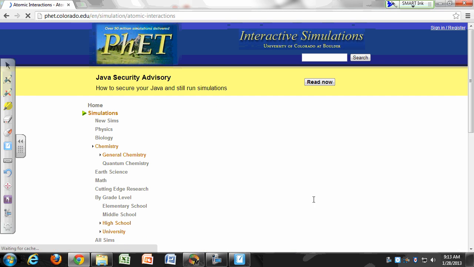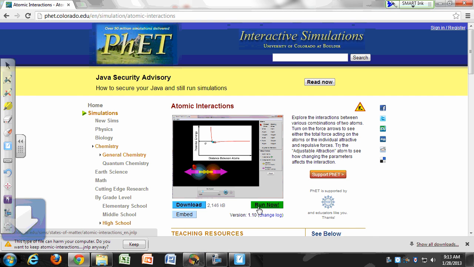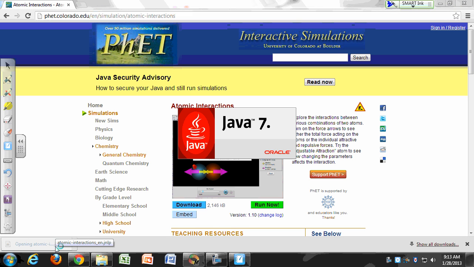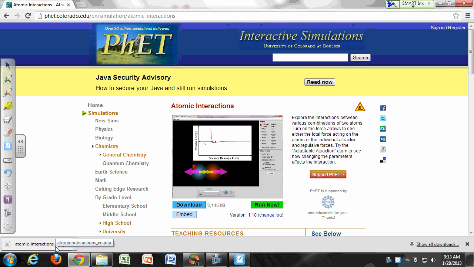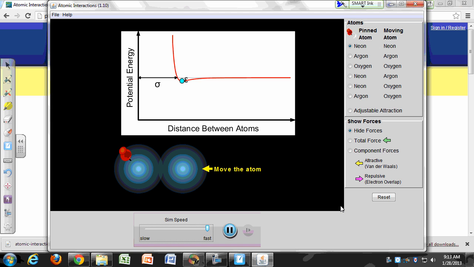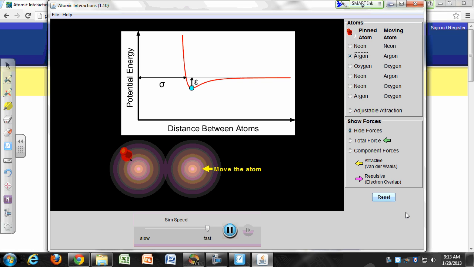This one right here. So here's a potential energy diagram that summarizes the interaction between a pair of atoms. This one, let's just do argon and argon, okay?